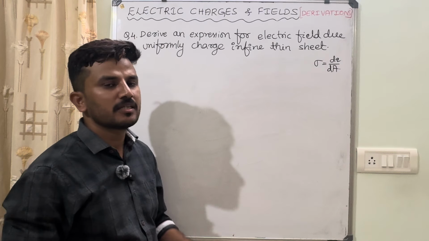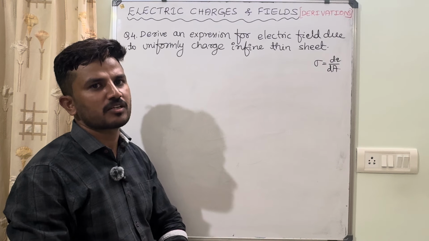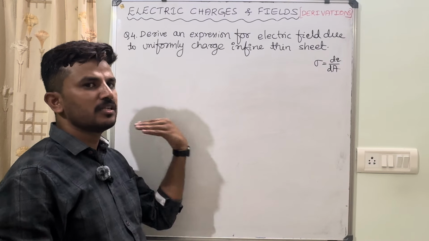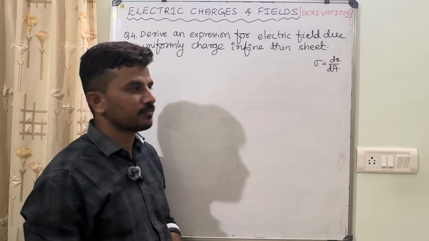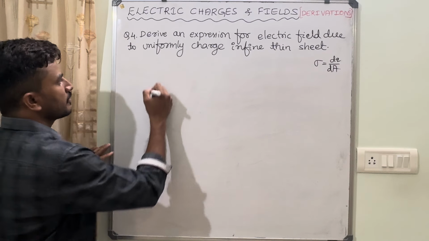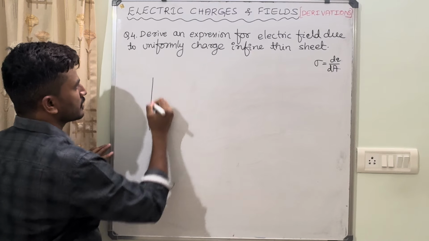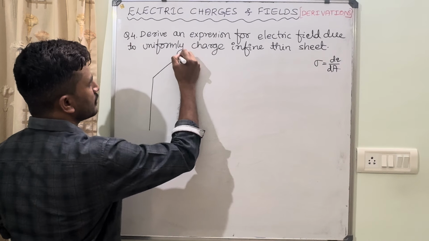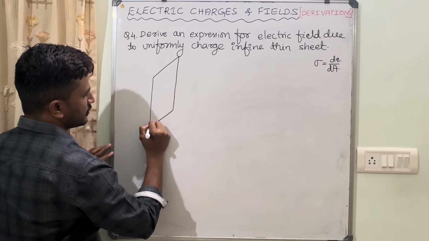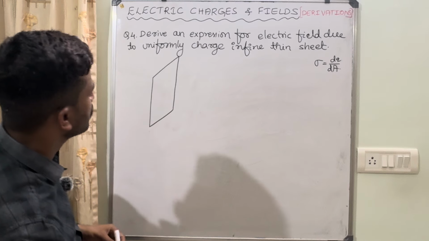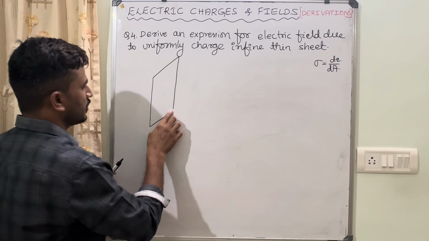Okay, then consider two cylindrical Gaussian surfaces on either side of the thin sheet as shown in the diagram. So after that you can directly write, so let's consider this is the thin sheet, on which charge is distributed uniformly.